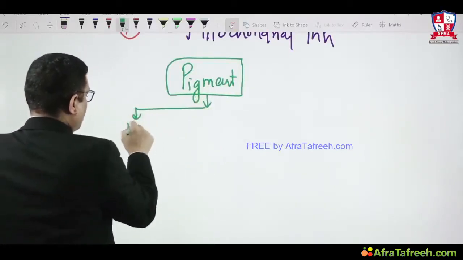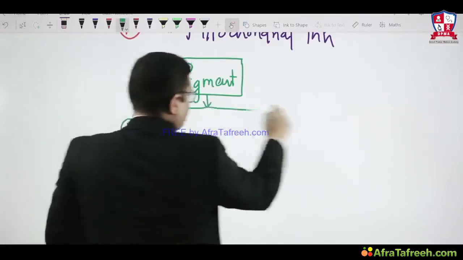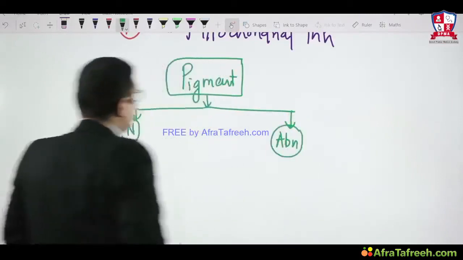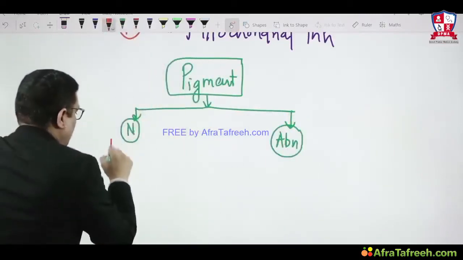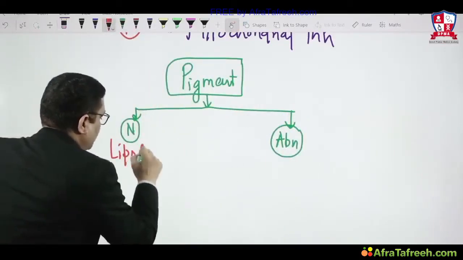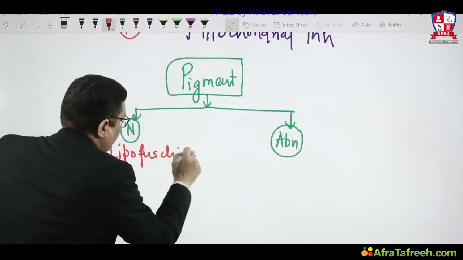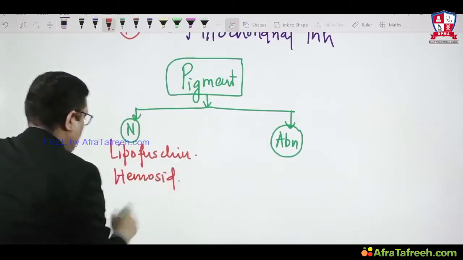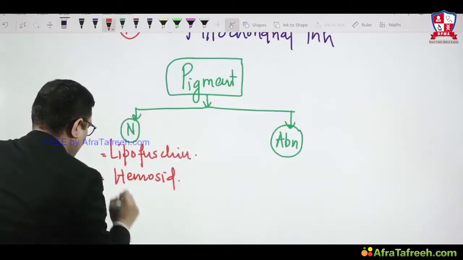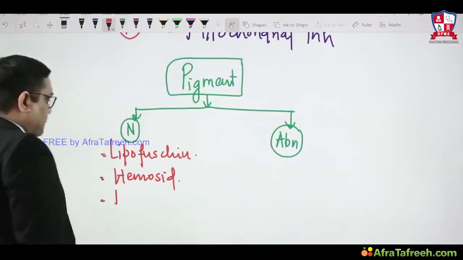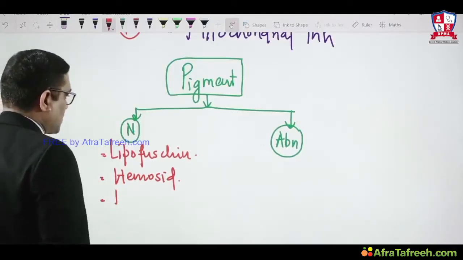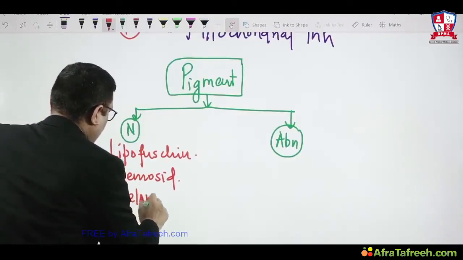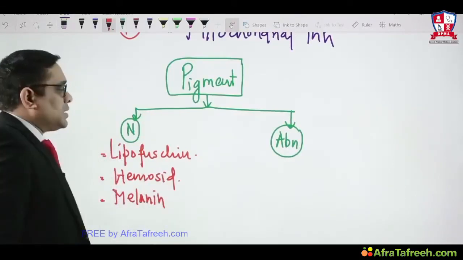I will say normal pigments, and second, abnormal pigments. Normal pigments, we all know, as I have told you just now: lipofuscin, hemosiderin, and melanin, right?